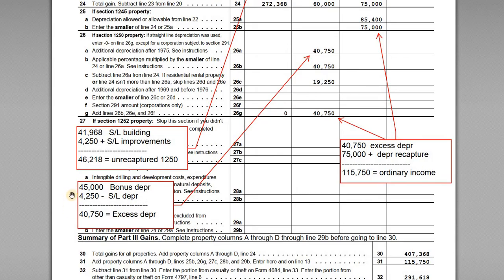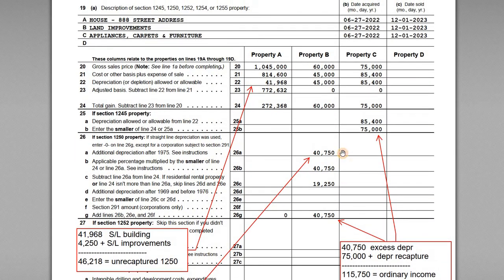All right, so that's the straight line amount, but we claimed bonus of $45K. So we have $45K of bonus over the straight line that would have been claimed, $4,250. So we have $40,750 of excess depreciation. So we enter the $40,750. We subtract line 26A from line 24, and we're left with $19,250 there.